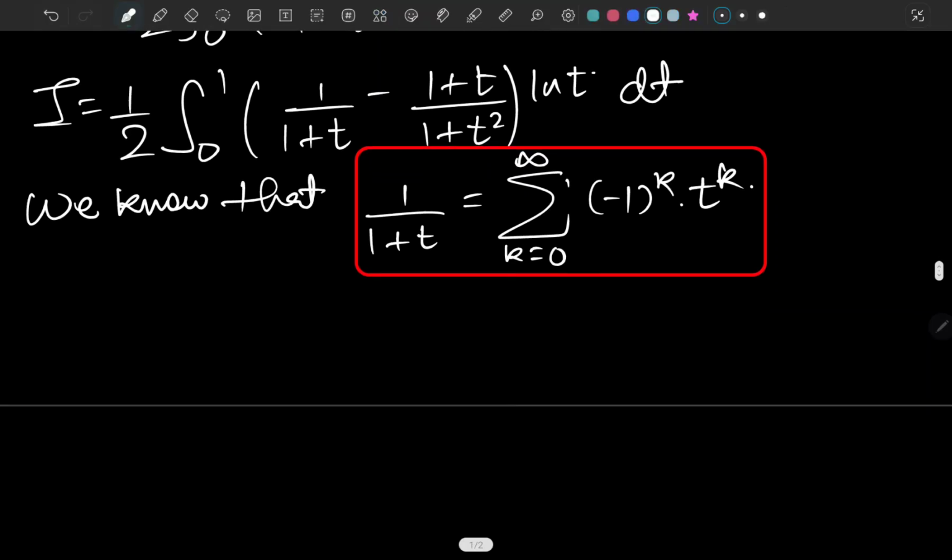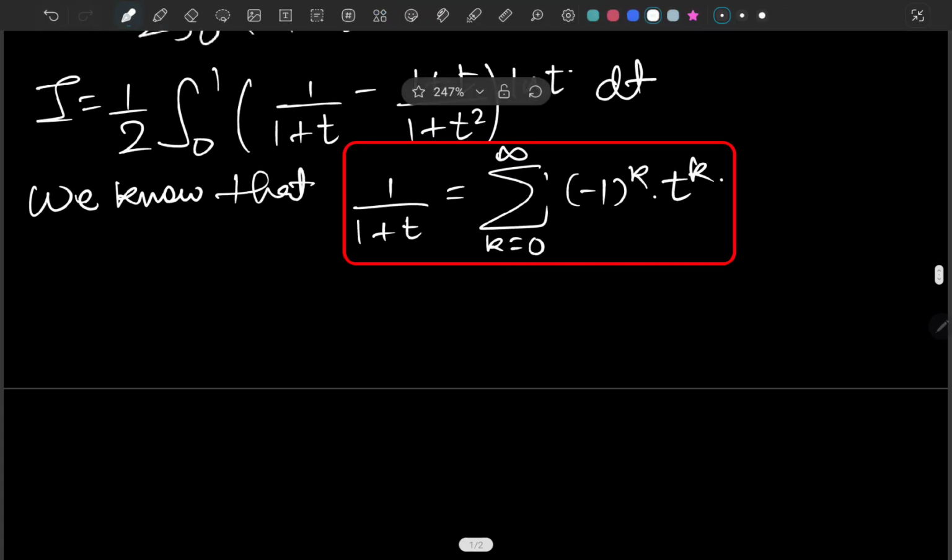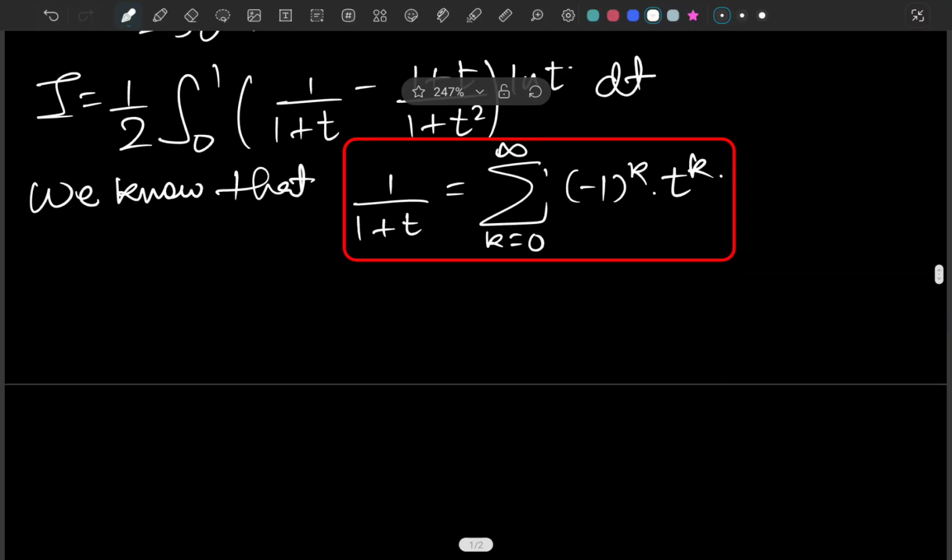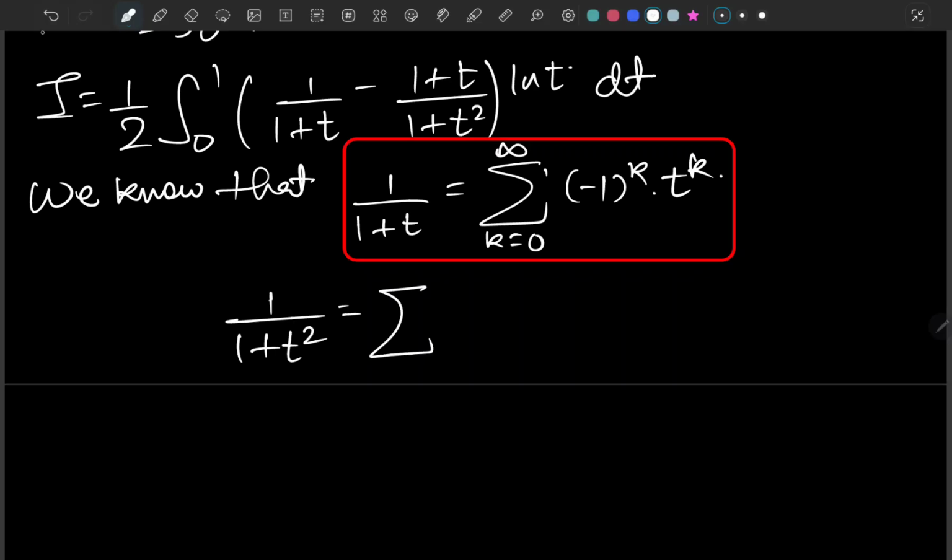I have used this multiple times in my videos, so if you are a daily watcher of my videos, you might be following this. And if we talk about 1 over 1 plus t squared as well, it is the sum as k goes from 0 to infinity of negative 1 to the k t to the 2k.